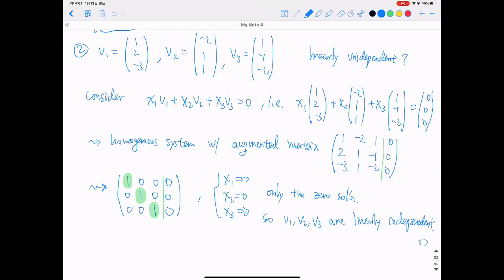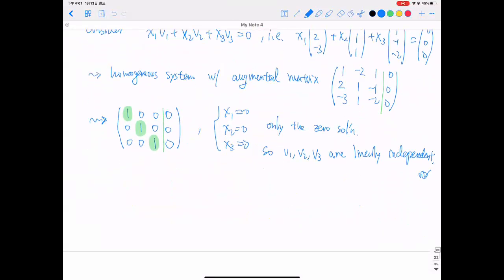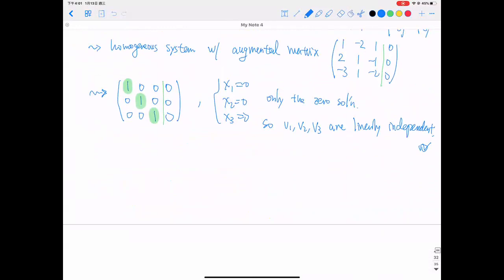Okay. Very good. Now, let's proceed to introduce some useful things. So first of all, there's a definition.